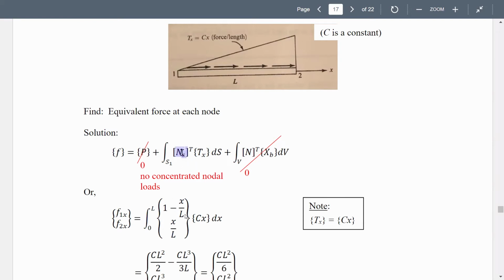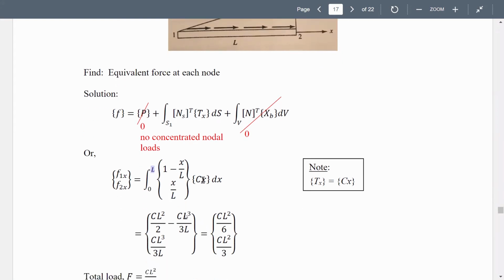We looked at shape functions: it is 1 minus x over L, x over L. Traction is Cx, but instead of ds, it is simply times dx, integrated with x varying from 0 to L.